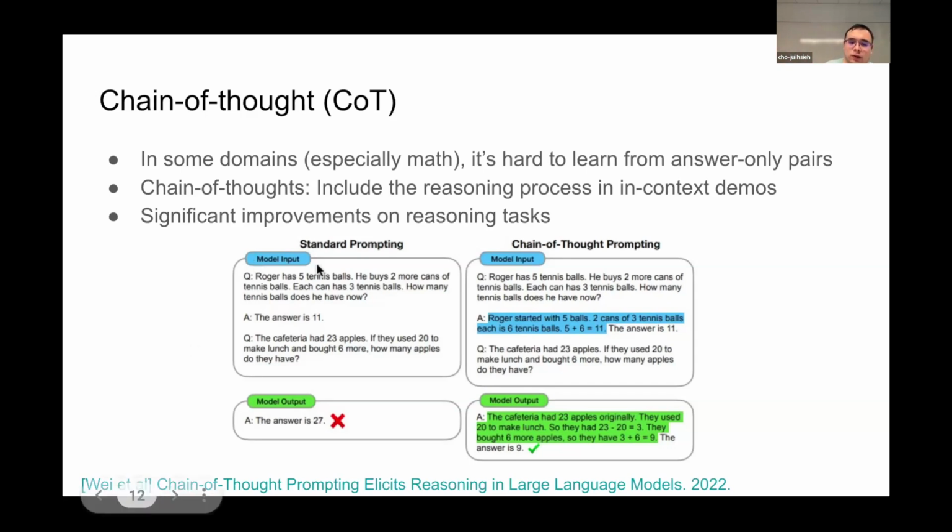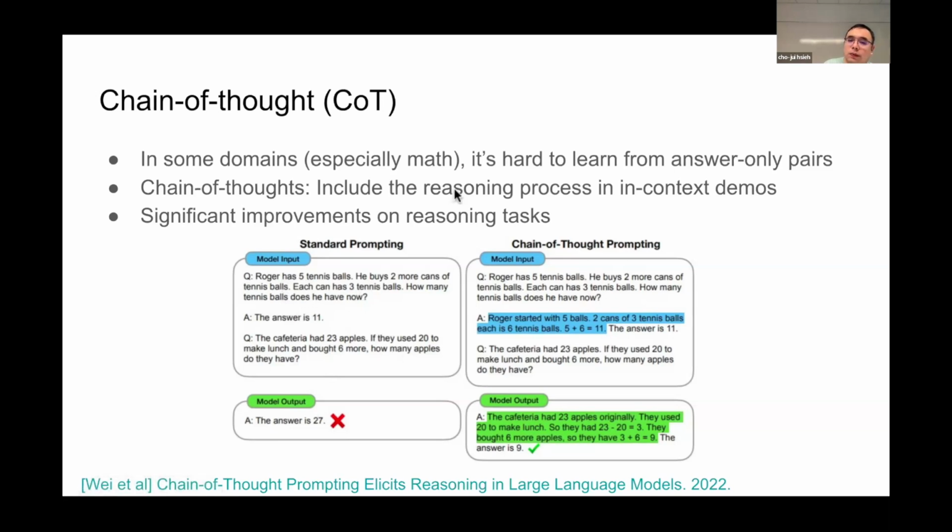For example, in the figure on the left-hand side, if you just do standard prompting, like in-context learning based prompting, you ask a question and the answer is 11, and then another question. Because the answer is just a number, it doesn't give much information on how to solve the question, and the model doesn't gain much power from those in-context samples.